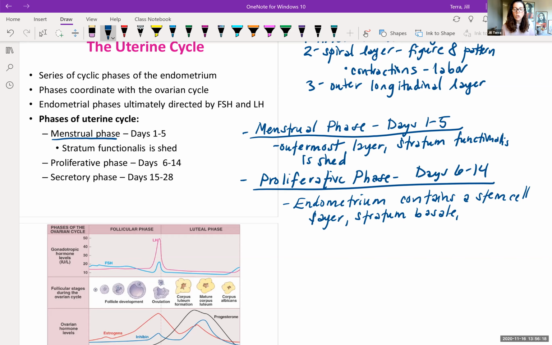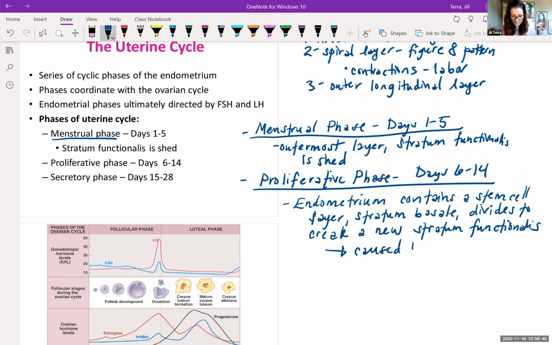That divides to create a fresh new stratum functionalis, and that is caused by estrogen.